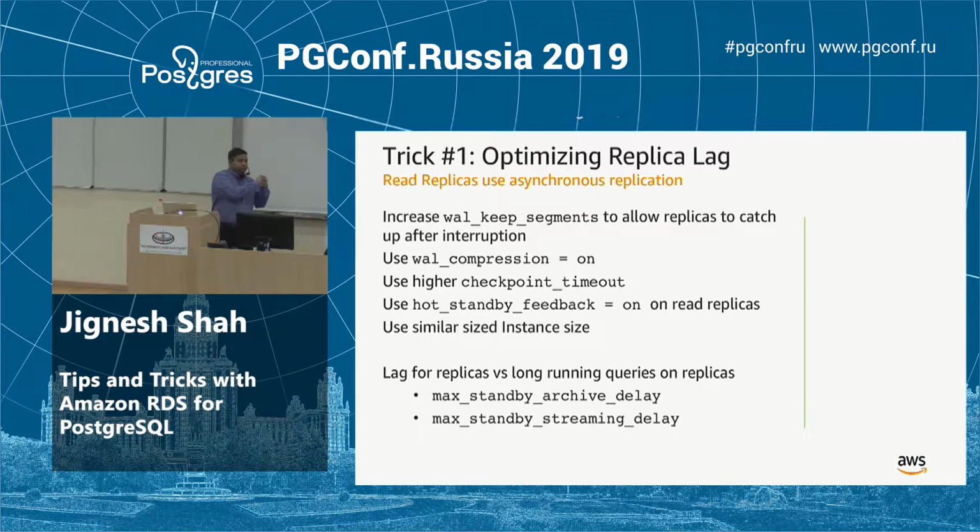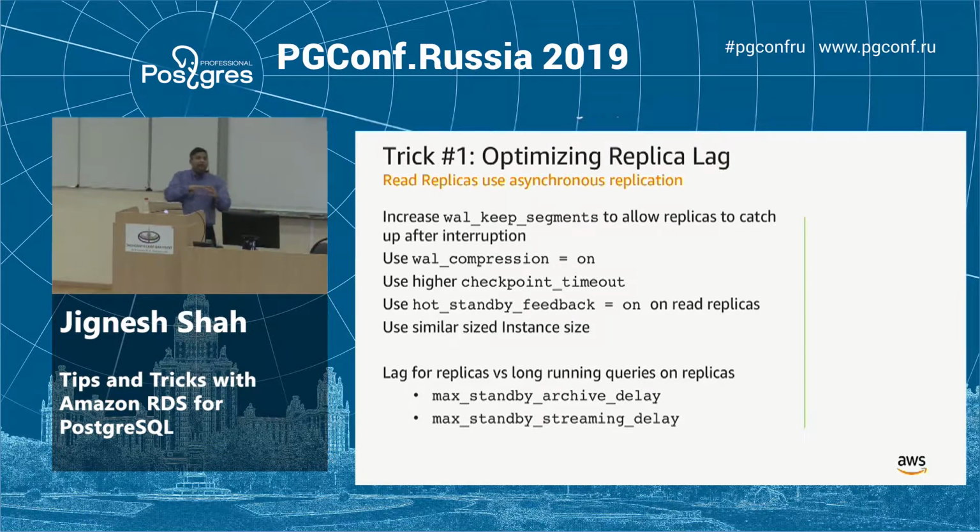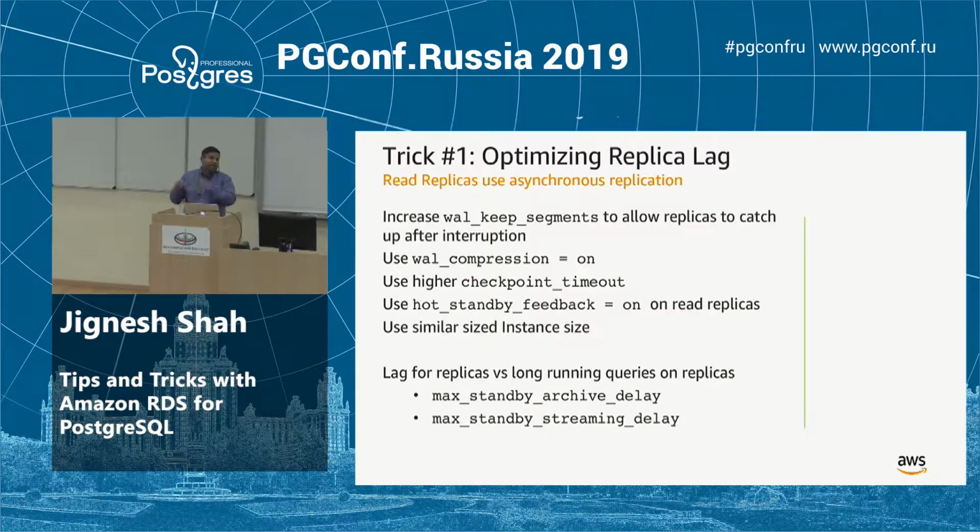Do I need it to be a fast follower? Or am I really using it for month-end queries, which are large analytical queries, where it is okay to have some lag, but I need these queries to finish, and it may take a long time? Based on that, there are certain parameters you can set to say, do I want fast follow or do I want the queries to run?